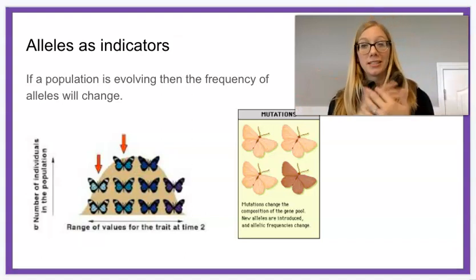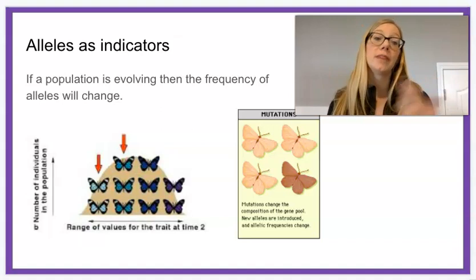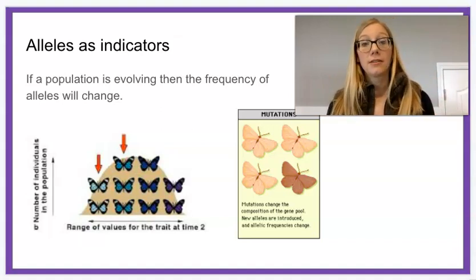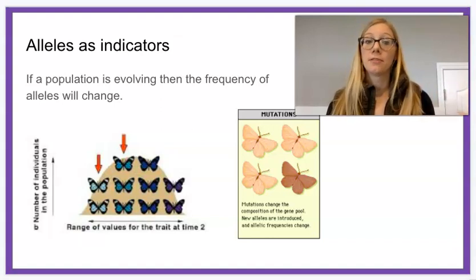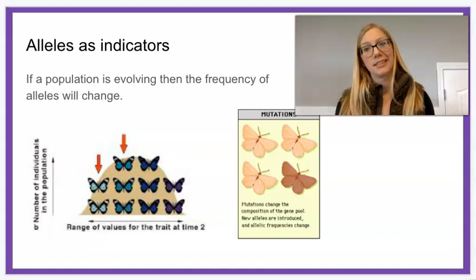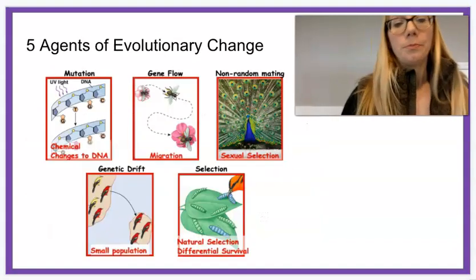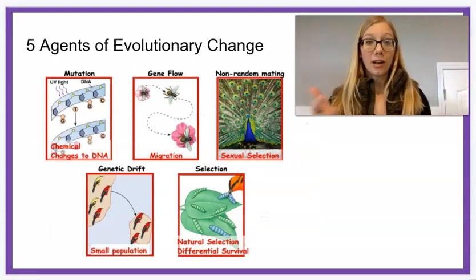And we're going to assume basic Mendelian genetics most of the time. So when we look at alleles, we can use them as indicators of the evolving population. If the frequency of them is changing, we're going to see that population evolving. If it's staying the same, it's not evolving. So what are those things?